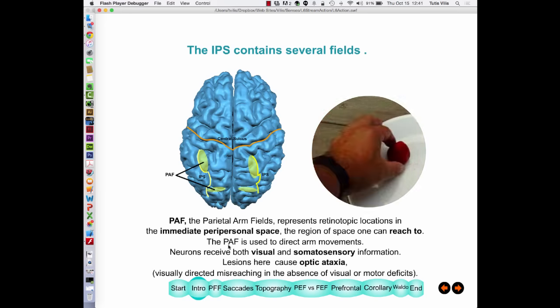The parietal arm field is used to direct these movements. Neurons here get visual and somatosensory information, and when you have lesions here, you have errors in reaching to things accurately.